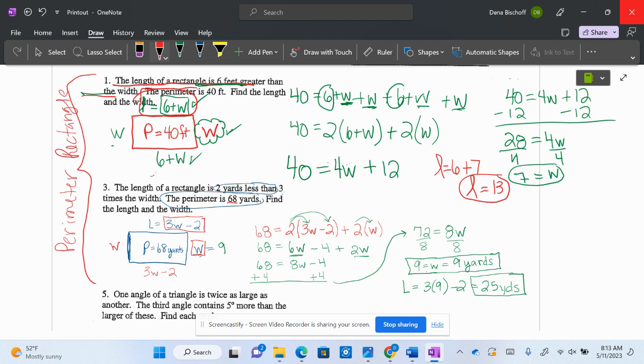Because you might want an example that has something to do with the perimeter of a rectangle, and those are two really good examples of how to find length and width based off of a rectangle. Number 5 has nothing to do with perimeter, and it has everything to do with angle measures.